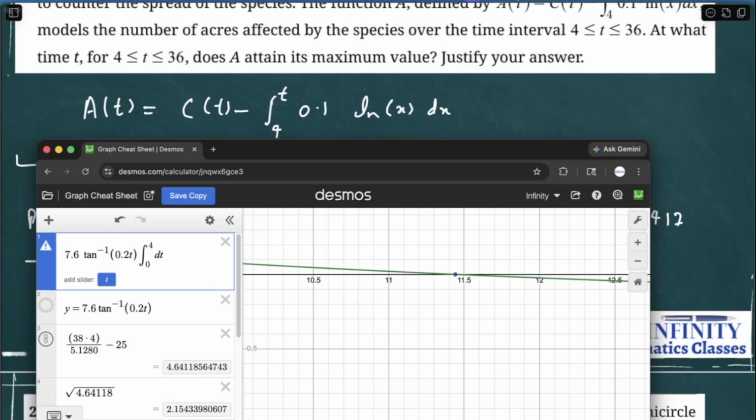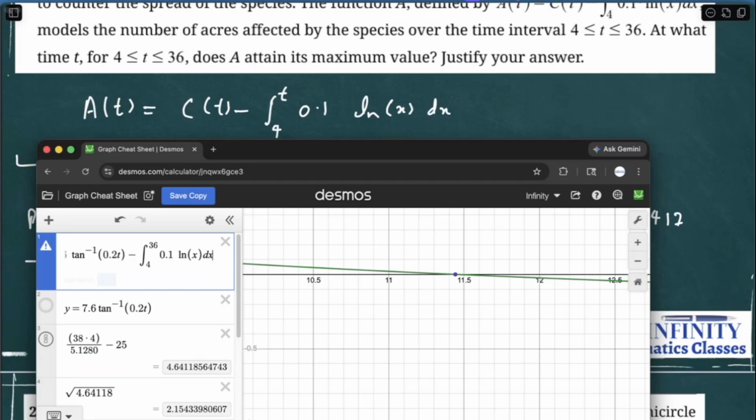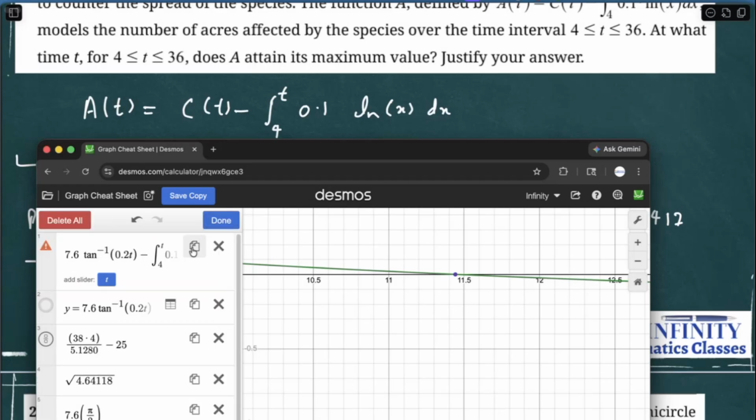This is your C(t) minus the integration from 4 to 36 of 0.1 ln x dx. Is there any issue? I should use t there. So now the ultimate variable is going to be t. So I will be trying to get the values at, do I have the luxury to substitute the values? No.